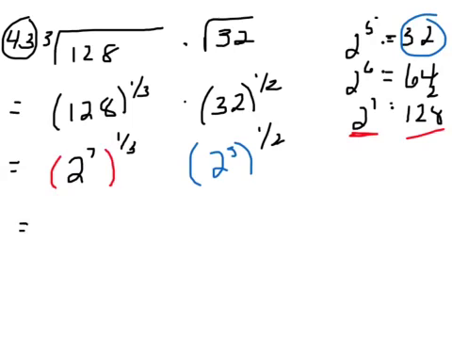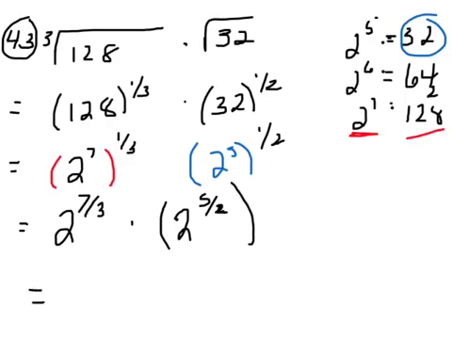Let's go ahead and simplify these. 2 to the 7th raised to the 1/3 power would be 2 to the 7/3 power. 2 to the 5th to the 1/2 power would be 2 to the 5/2 power. I really didn't need those parentheses there.